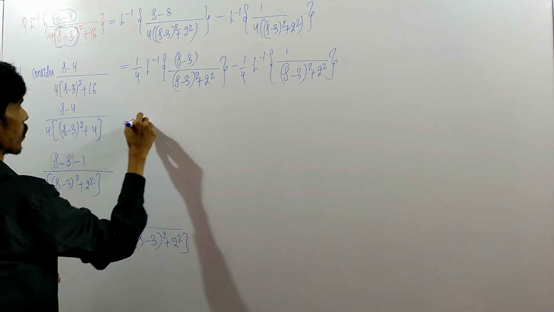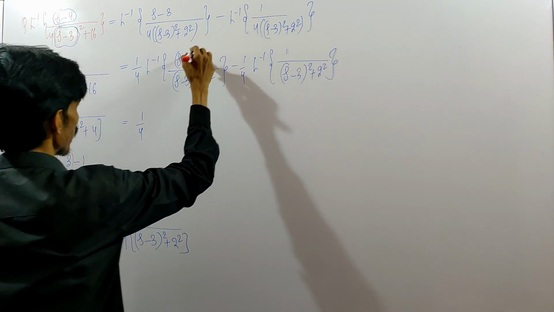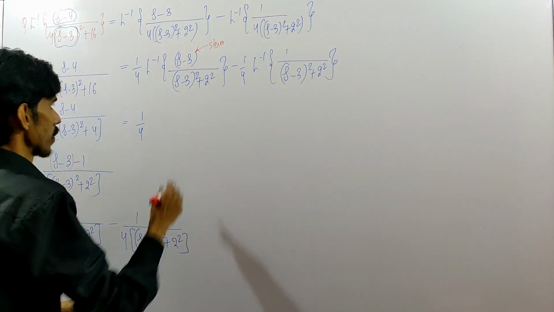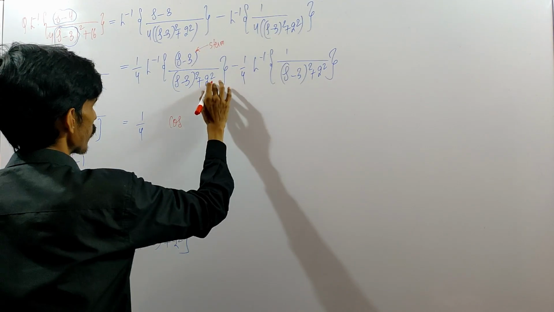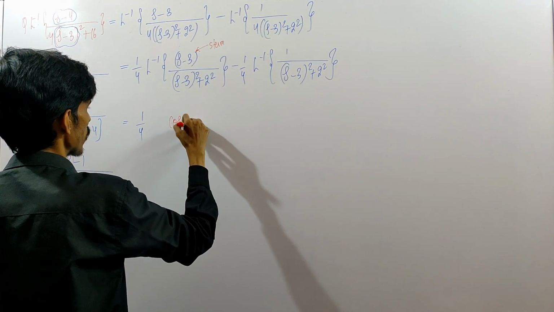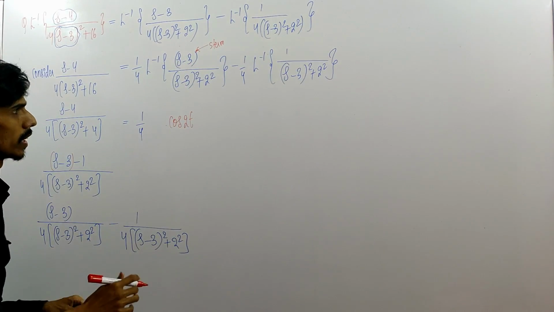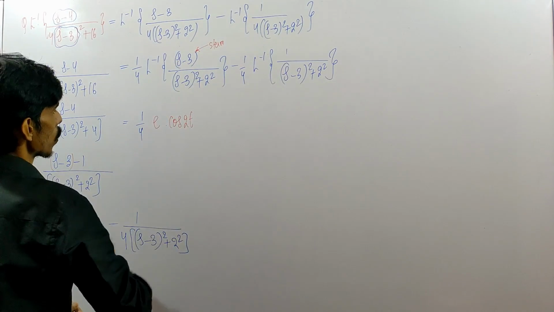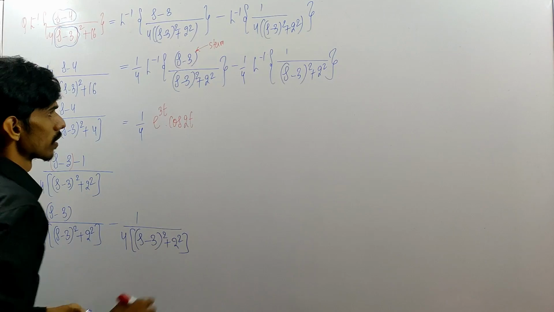Now this will become 1 by 4. In the numerator we have an s term, so this transforms into cos. Here the value of a is 2, so this will be cos 2t. Here we have s minus 3, so by the first shifting property we take e power of plus 3t.